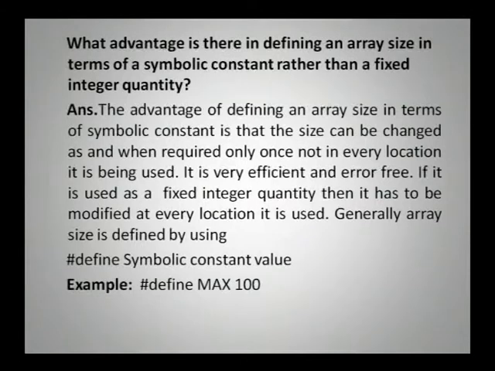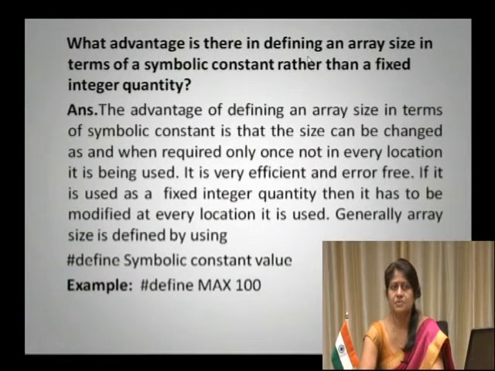What advantages are there in defining an array size in terms of a symbolic constant rather than a fixed integer quantity? That is what I told you. If you have a symbolic constant by saying hash define MAX 100, then you need not go and change the values whenever you require the array size to be changed.